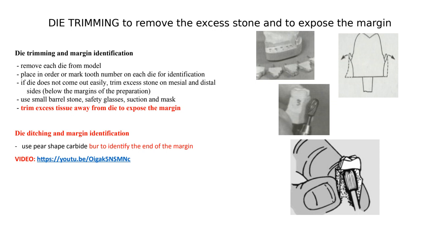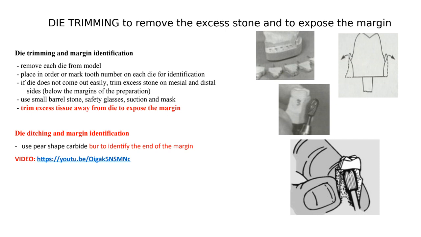Sometimes the doctors may put the margin above the gum line, sometimes at the gum line, sometimes under the gum line. In order for us to be able to see the margin and to fabricate a restoration that has the margin sealed, we have to remove the excess stone that is around the margin. That's called trimming, okay?